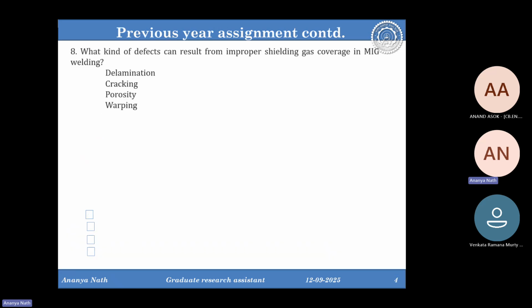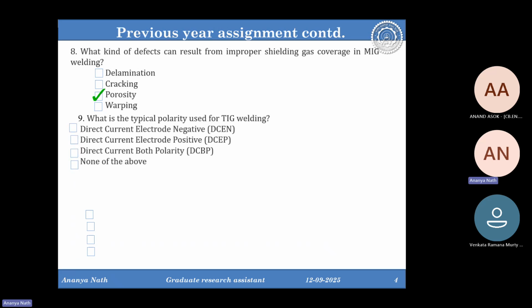What kind of defects can result from improper shielding gas coverage in MIG? It is porosity. Delamination, cracking, and warping are all about the energy density that you are putting. Porosity is the one thing.